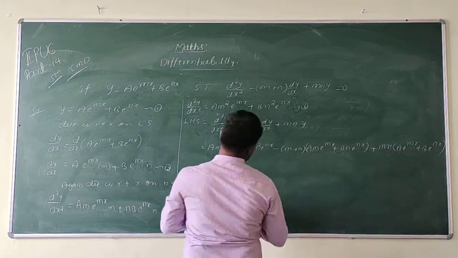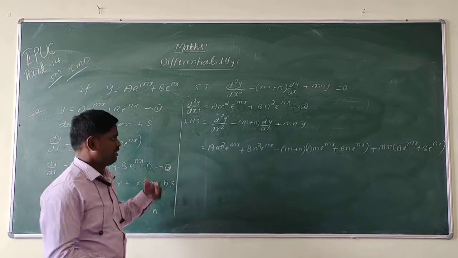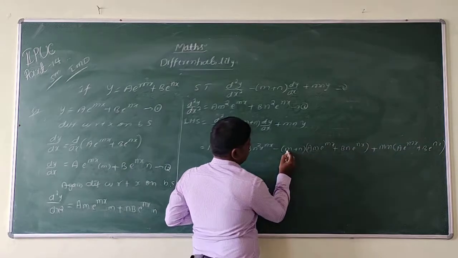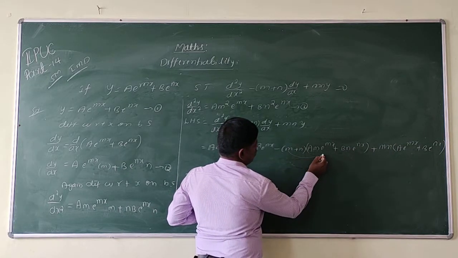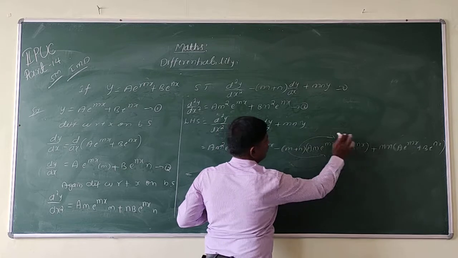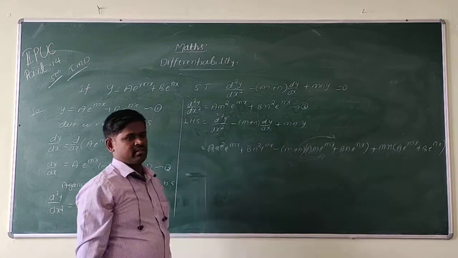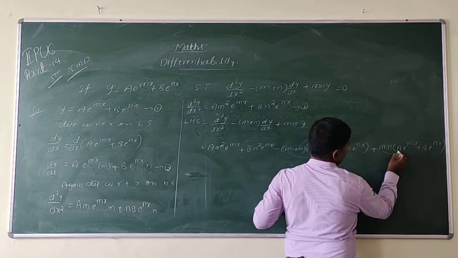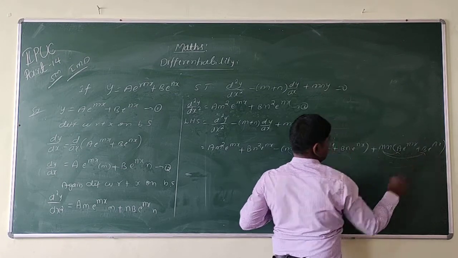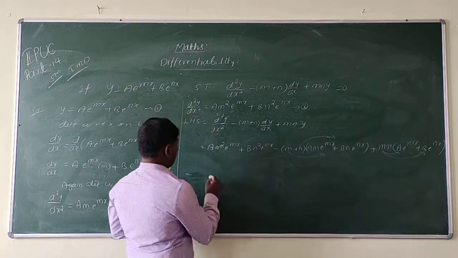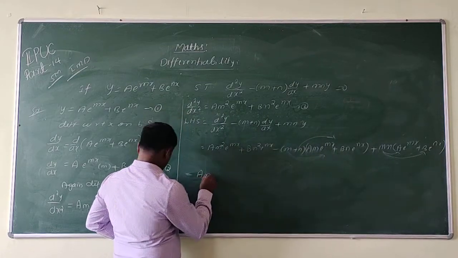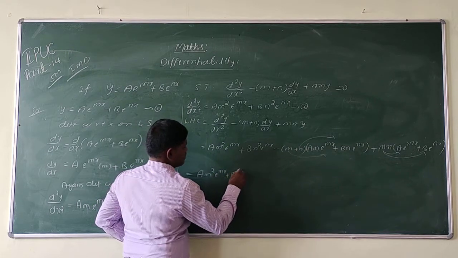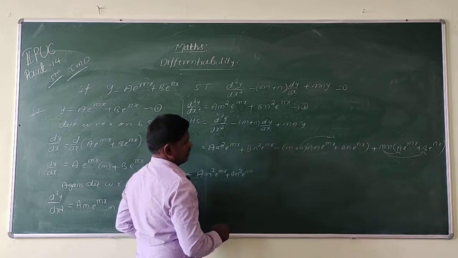So now we are going to simplify to see whether we get 0 or not. We are going to multiply this term into the whole bracket, and the minus sign also we take inside, and here also m n we multiply with each term. So then what do we get? That is a m square into e to the power of mx plus b n square into e to the power of nx.